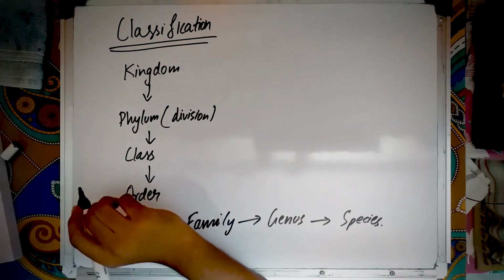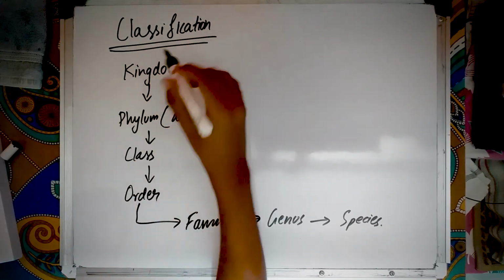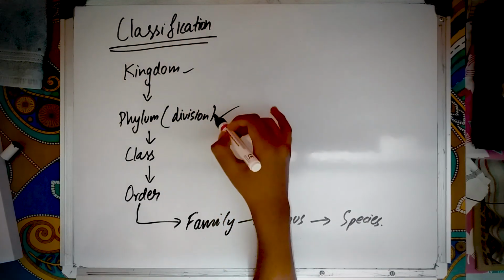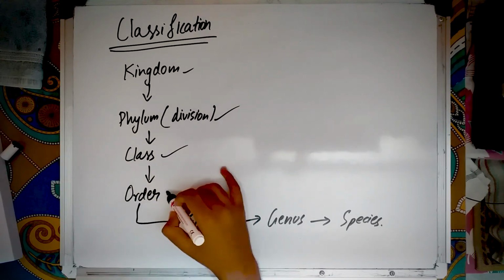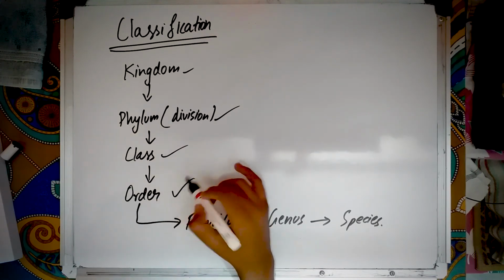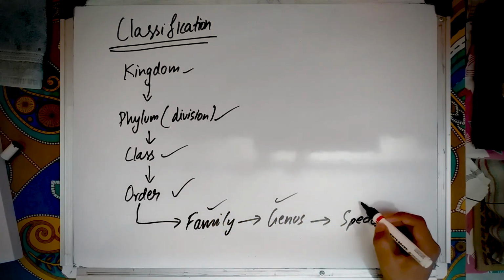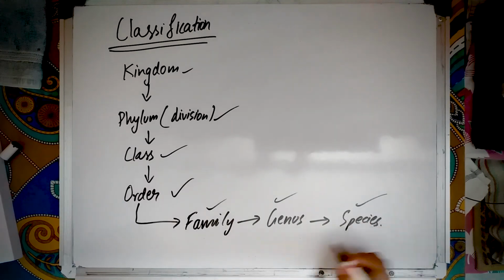For example, we'll go as humans. We belong to the kingdom Animalia, phylum Chordata, class Mammalia, order Primata, family Hominidae, genus Homo, species Sapiens. Also, the subspecies is Sapiens.